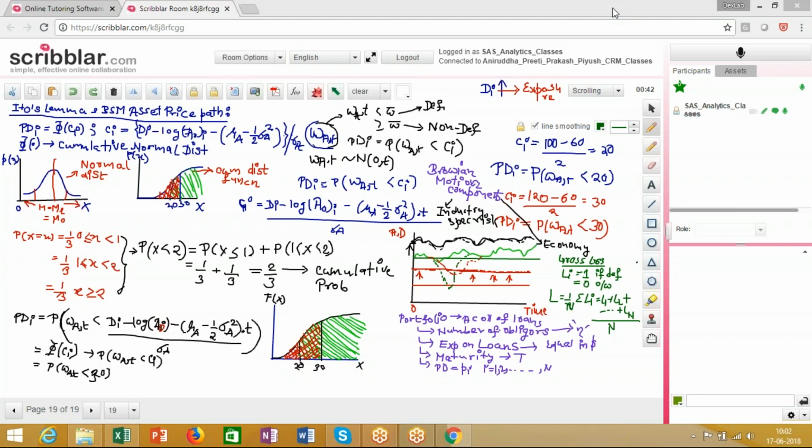Now comes the next part. Now we have to define. Our next objective over here is to go ahead with the loss distribution.